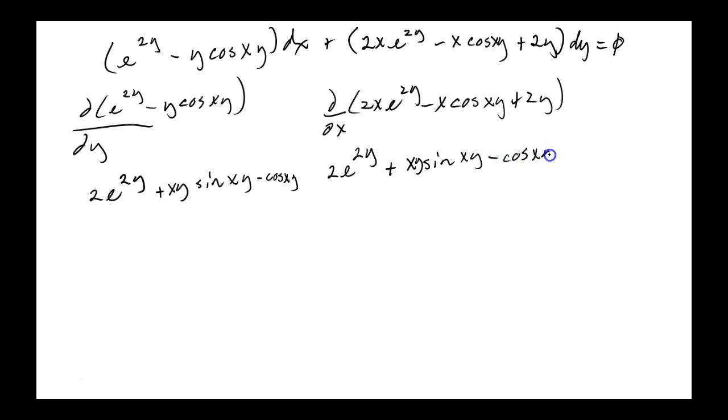Then the partial of cosine xy with respect to x. Oh, I'm sorry, nothing. 0. Now looky here. Those are identical, aren't they? So indeed, they are equal.